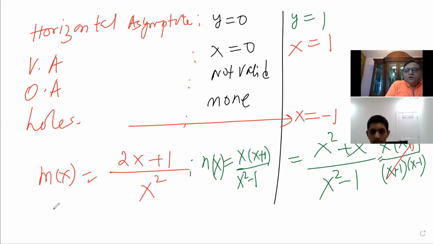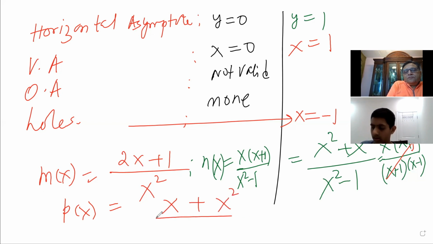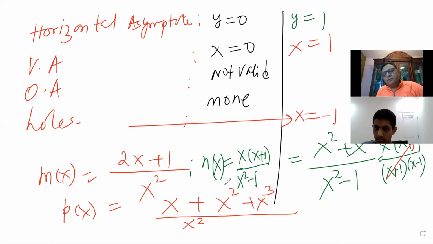Now, let me give you an oblique asymptote example. P of x is equal to x plus x squared over x squared plus x cubed. Tell me, for this particular function, what are going to be the asymptotes?